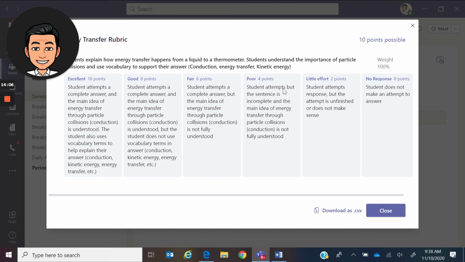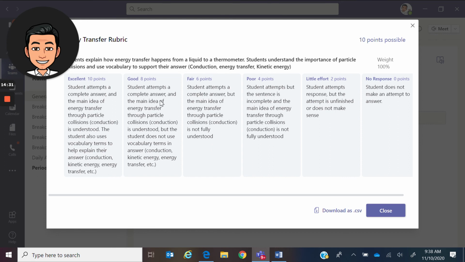If you attempt, but the sentence is still incomplete and the main idea of energy transfer through particle collisions is not fully understood, you're going to receive 4 points. Now, if you attempt a complete answer, but the main idea of energy transfer through particle collisions is not completely understood, but you have that complete sentence, you'll get 6 points.